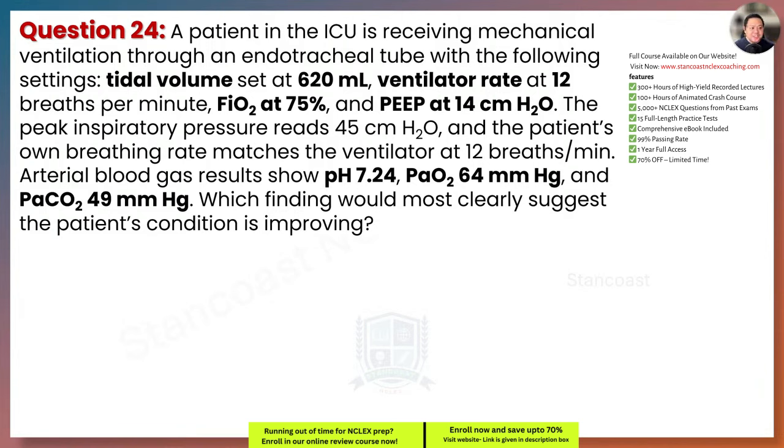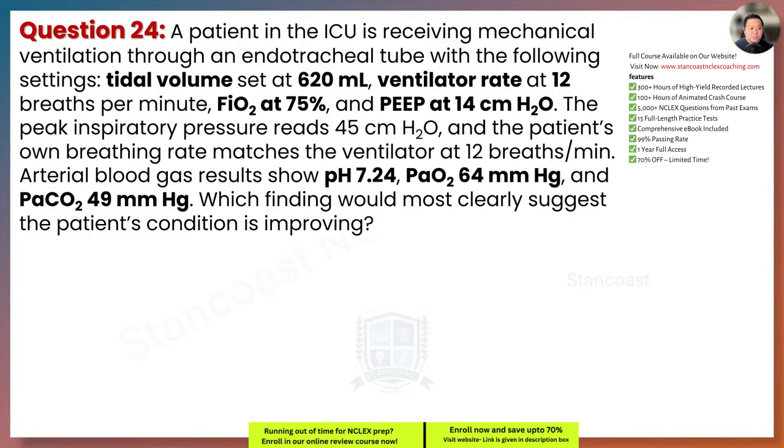A patient in the ICU is receiving mechanical ventilation through an endotracheal tube with the following settings: tidal volume set at 620 mL, ventilator rate at 12 breaths per minute, FiO2 at 75%, and PEEP at 14 cm water.